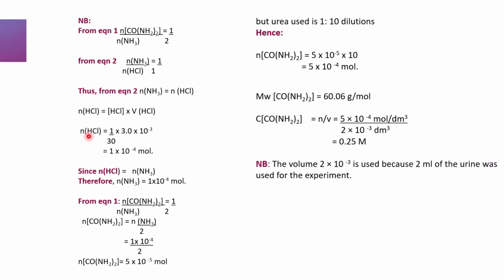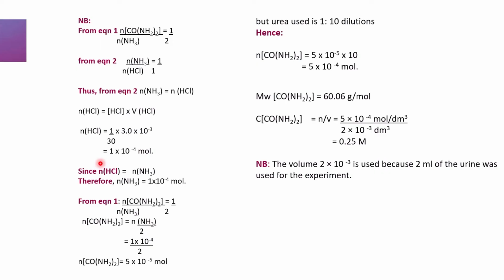And this is 3 times 10 to the negative 3 over that. So if you solve this equation, we will get the moles of the HCl to be 1 times 10 exponent negative 4 moles.